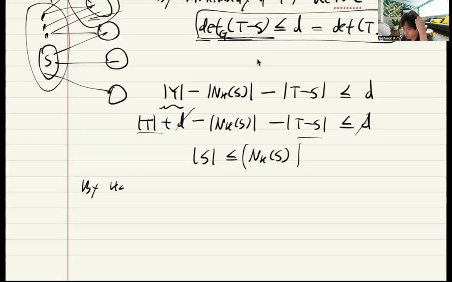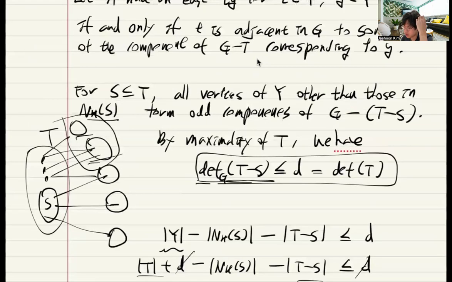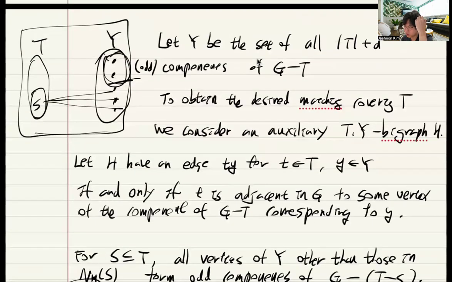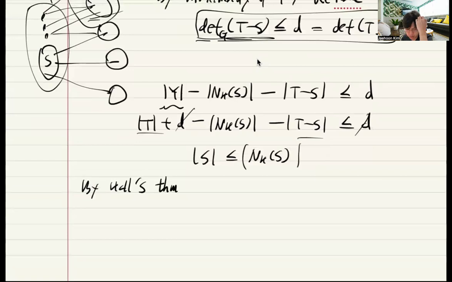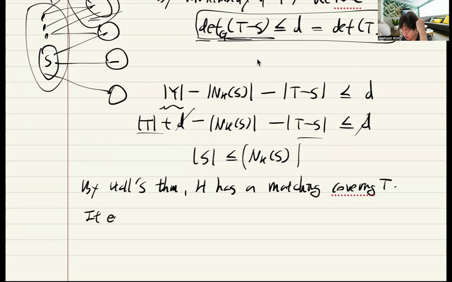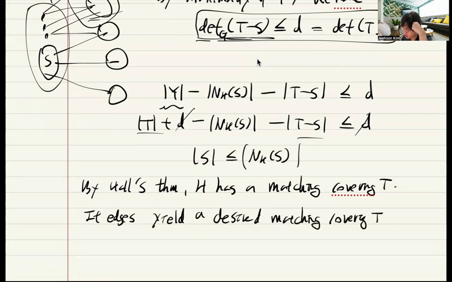So by Hall's theorem, this shows that this auxiliary graph satisfies Hall's condition. So H has a matching covering T, and it gives the desired matching covering T in G.